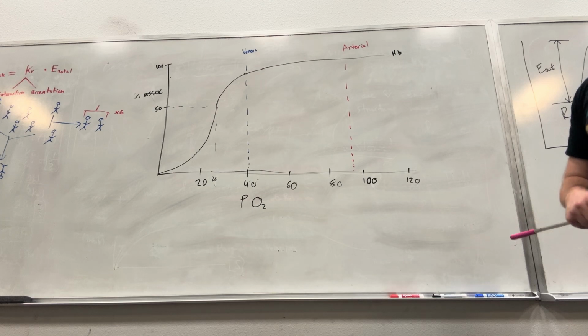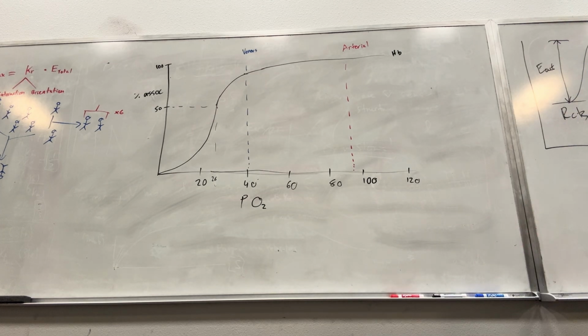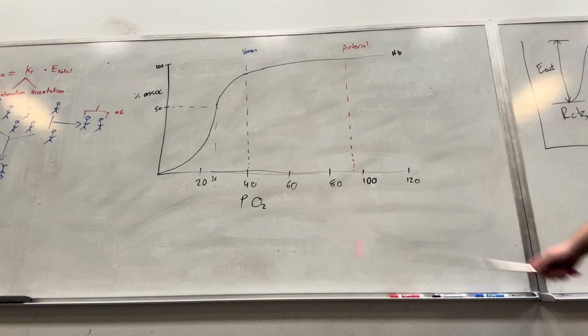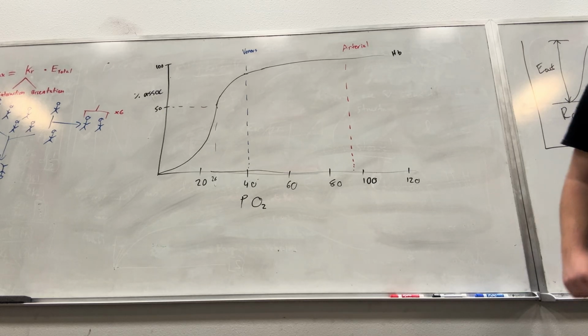Now, starting with our atmospheric partial pressure, it's a little bit more over here of oxygen. When oxygen enters our lungs, diffusion, awesome. And it's going to make our arterial blood around, let's say, somewhere between 90 and 100 millimeters of mercury.